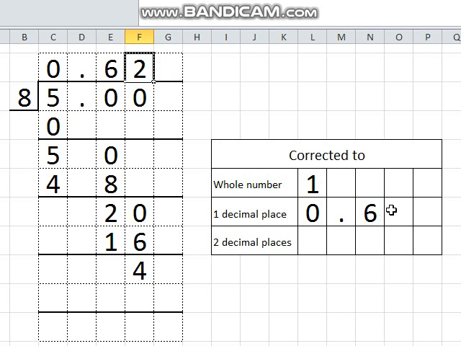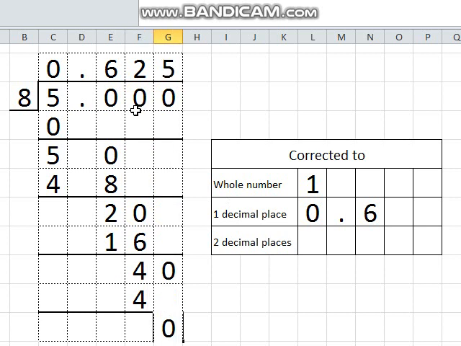Okay, now if you want to continue again to have the answer corrected to 2 decimal places, then we need to continue. Let's move forward again. Since there is nothing here, we need the help from the invisible 0 here, and then the 0 also appears here. Okay, so now this one 40 divided by 8, the result is 5, and then this one becomes 40.